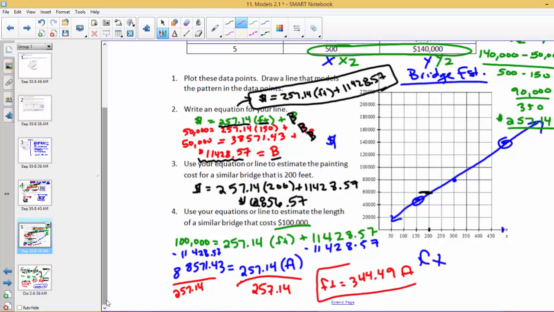Would be a cost of $100,000. And if you go to $100,000 and you trace it over to here, that looks about right. I mean, it should be more right here, but again, this is a rough best fit line. So that's why it's a little better to plug it into a best fit line equation than to look at the graph. But that's a good start.